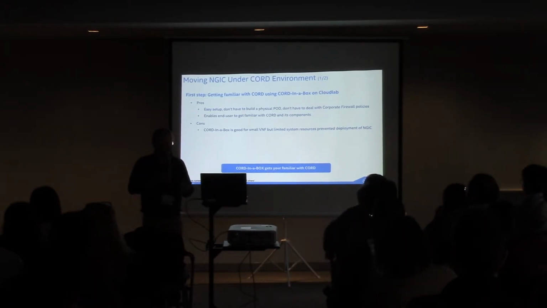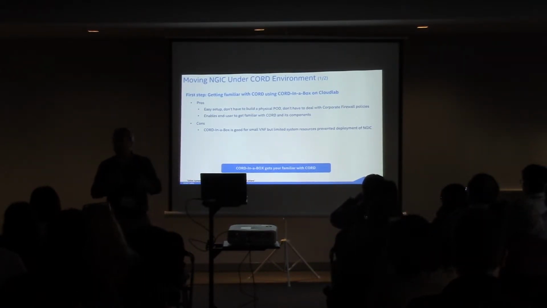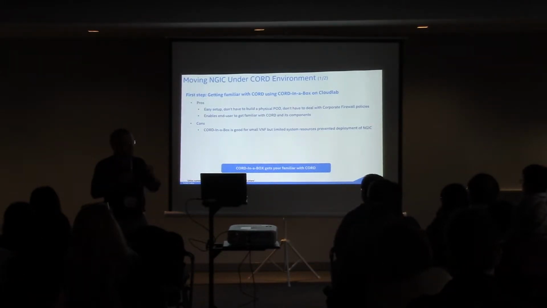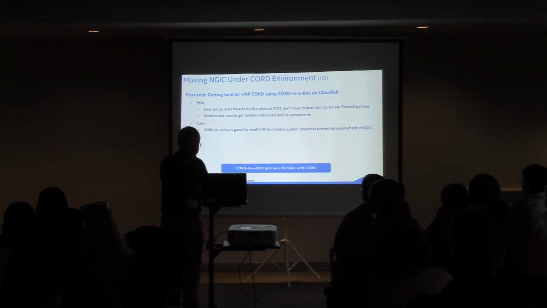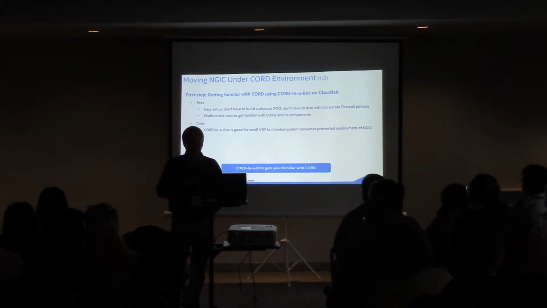So to learn how the system works in CORD in a box, we used simpler VNFs, L2 forward or L3 forward VNFs. So we were able to onboard the VNFs, connect them together, and have traffic go through. And this gave us an idea of what a CORD environment is. But clearly, we were not able to run the EPC as we have it in a CORD in a box. But I think it's definitely the way to start with CORD.